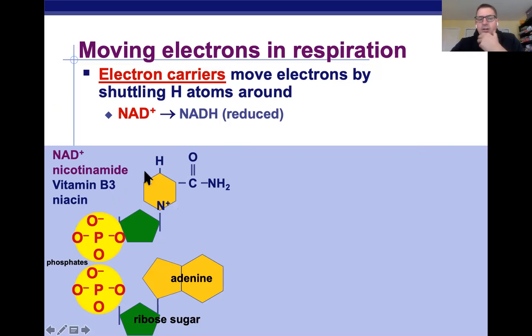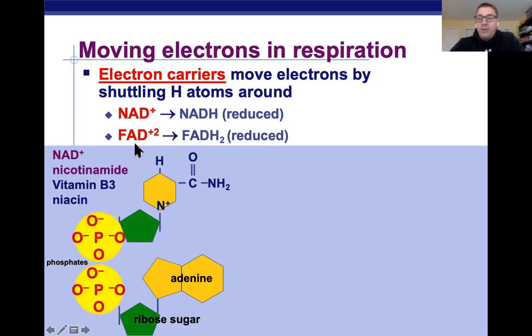The electron carrier most commonly used is called NAD+, nicotinamide adenine dinucleotide, which is why we call it NAD, because it's just a really long name to say. When it has not picked up any hydrogen atoms, it is in the NAD+ state, its oxidized state. When it picks up a hydrogen atom, it is reduced and becomes NADH, and that's when it is shuttling electrons around.